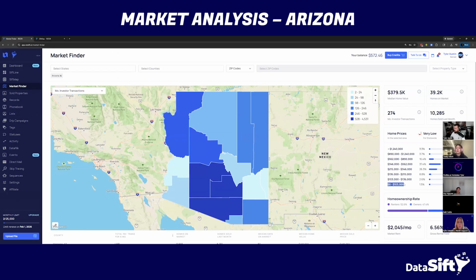I don't know that I would want to market that zip code, because most people aren't moving to Arizona to buy a house for less than $100,000. So there might not be enough demand for me to really care. You've got to take all that into consideration.